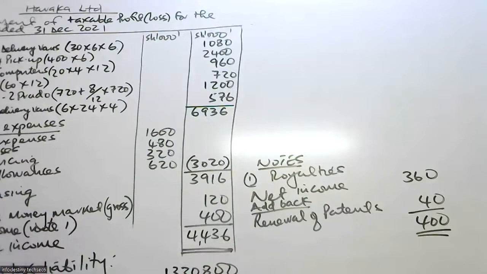The first withholding tax we'll deduct is on interest from money market. Withholding tax is 15%. So interest from money market, 120,000 times 15%.